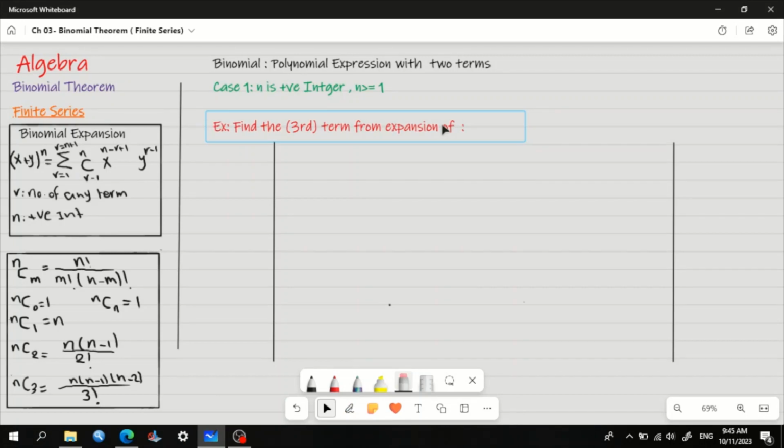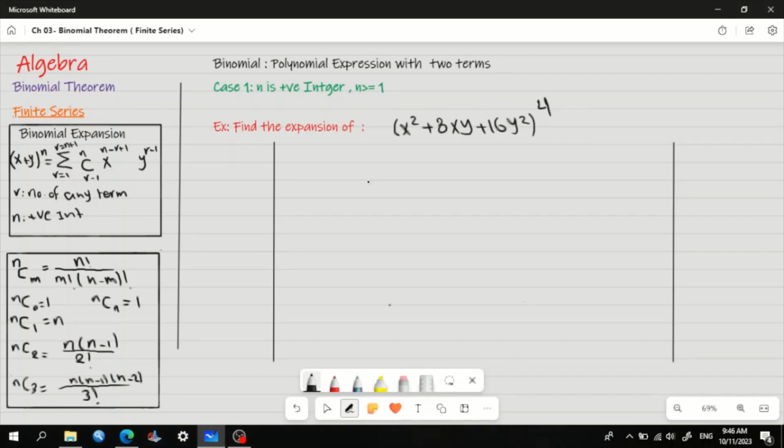Okay, here we need to find the expansion of x squared plus 8xy plus 16y squared, and this to the power 4.